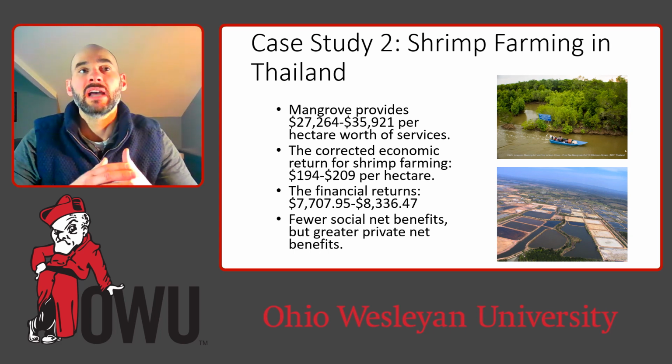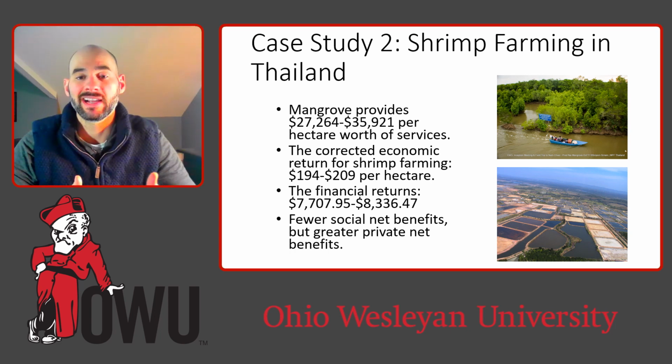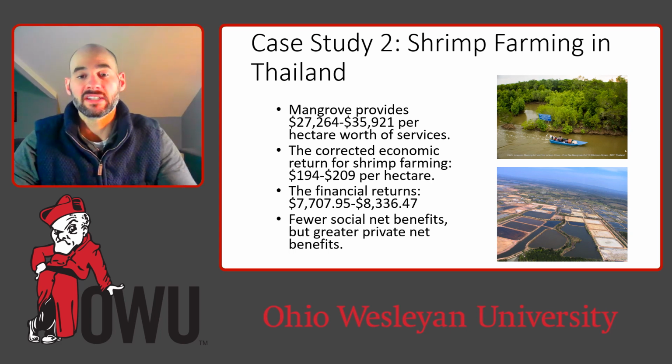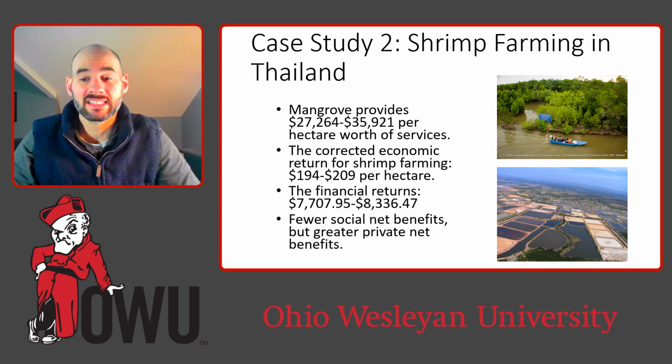So we can predict and explain what would happen using economic theory and the concept of externalities, and then we can quantify that using non-market valuation techniques and make a decision which is informed by cost-benefit analysis. So hopefully that's tying together some of the key concepts of the class so far.